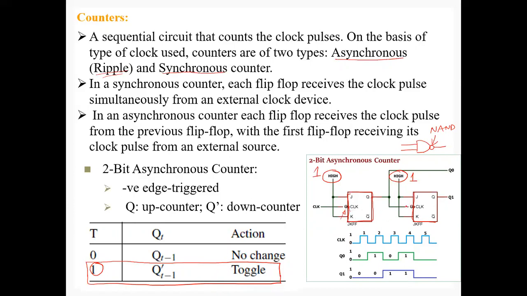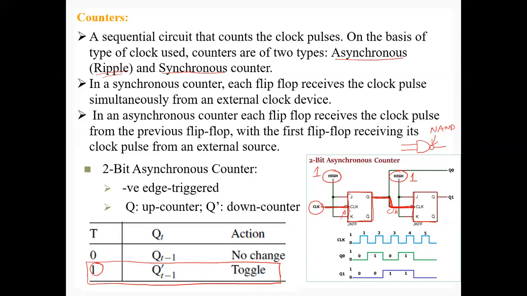So both of them work on the negative trigger, and this output is connected to this guy. This is the clock, this is also clock, this is also behaving as clock. So this is the external source.